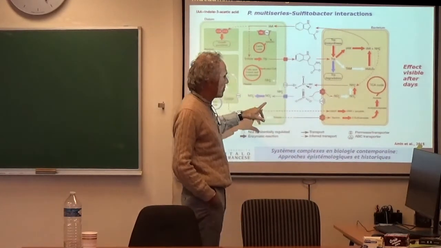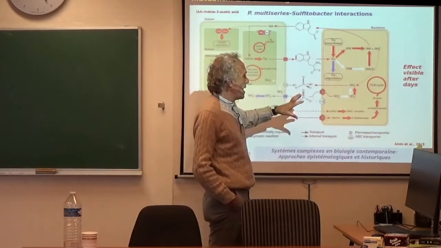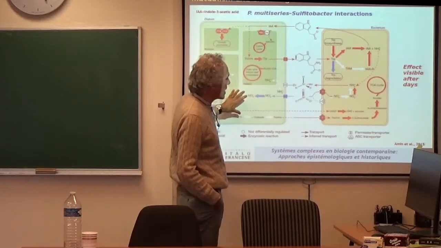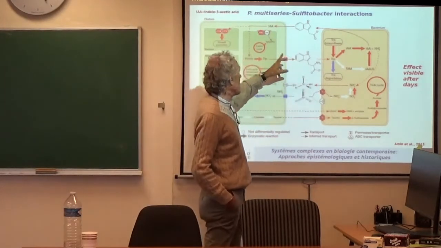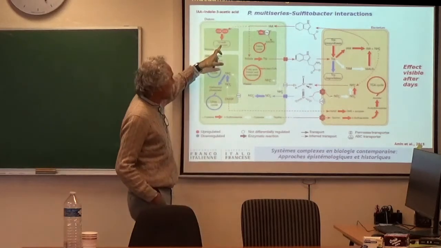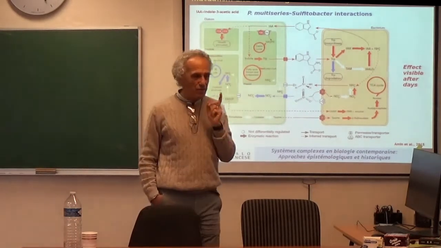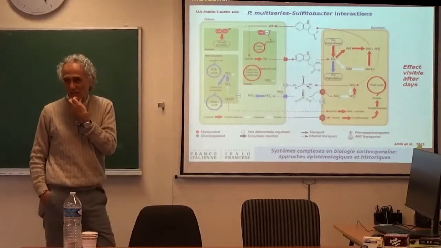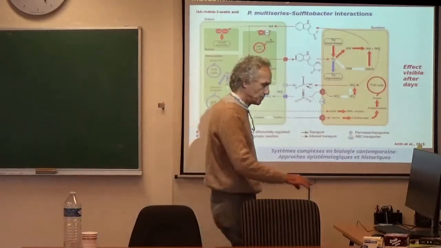By exchanging signaling molecules, the bacteria get some organic material from the cell, and in fact, via indole acetic acid, induce cell division. So it's not just a trophic interaction, it's a regulative interaction. Bacteria can affect the division rate of the cell.